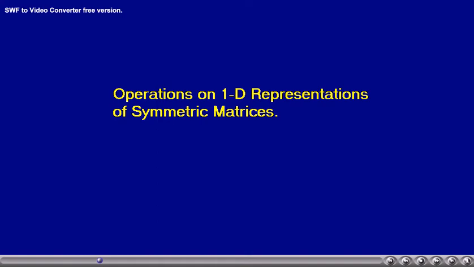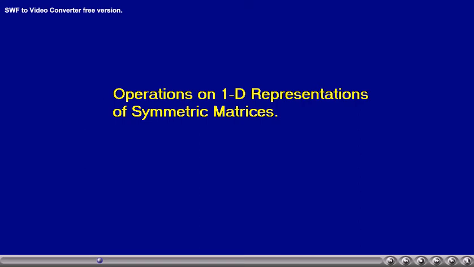That is, let us assume that we wanted to add two symmetric matrices whose 1D representations are available. Then we require the resultant symmetric matrix's 1D representation. So this problem can be simply considered as adding the 1D array representation of the first matrix and the second matrix, just element by element adding only.